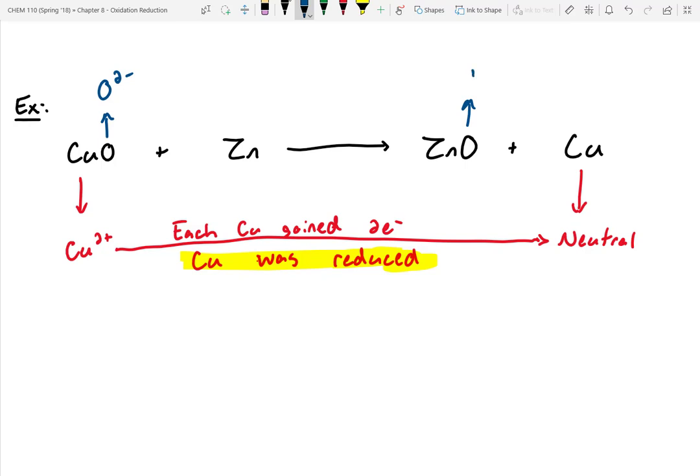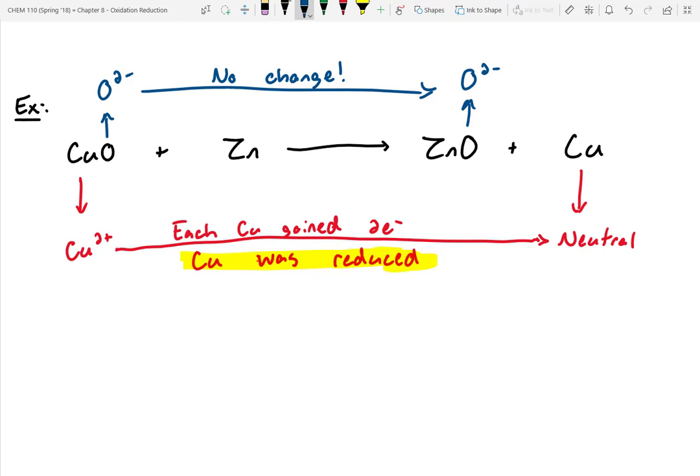The same, exactly. So this would be oxygen 2 negative. Did oxygen gain or lose electrons? No. So there was no change, meaning this wasn't oxidized or reduced. It's basically just hanging out in this reaction, so we can ignore it more or less. Does that make sense?